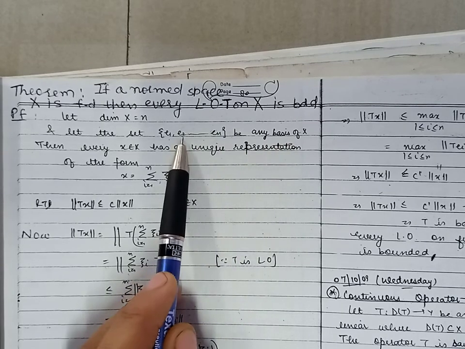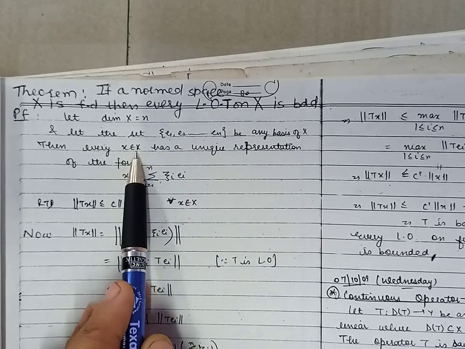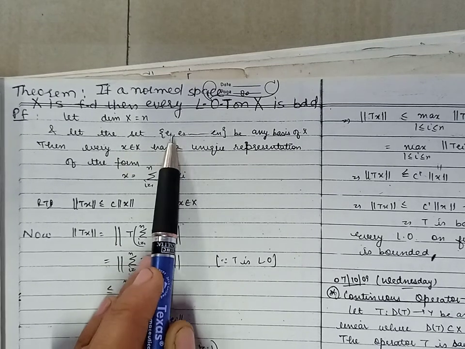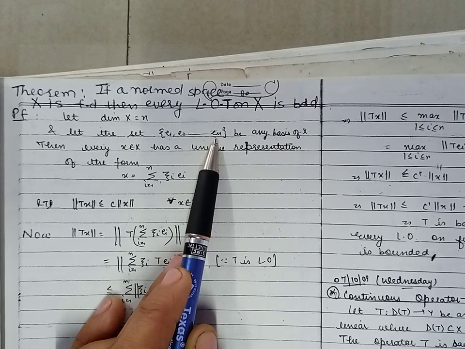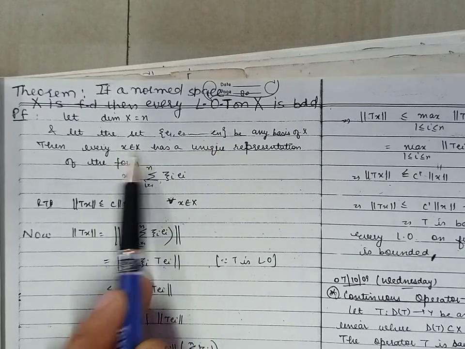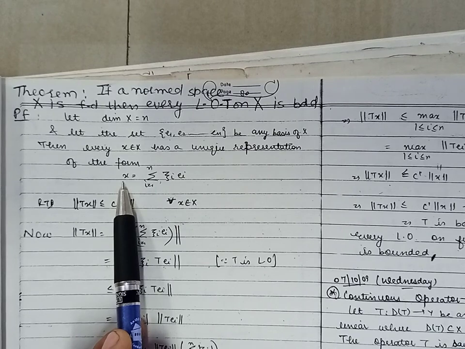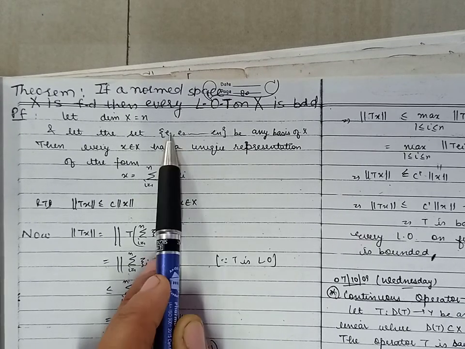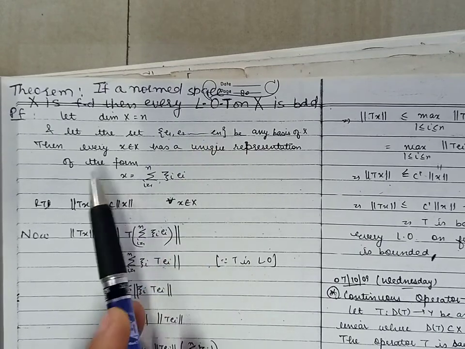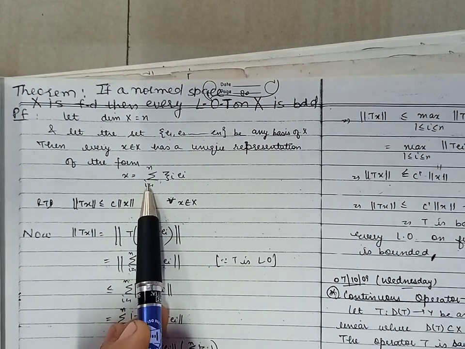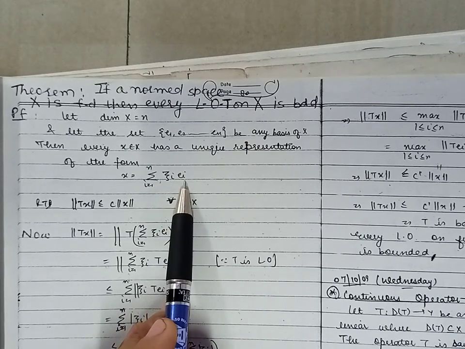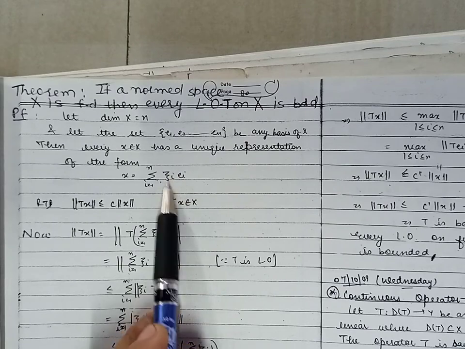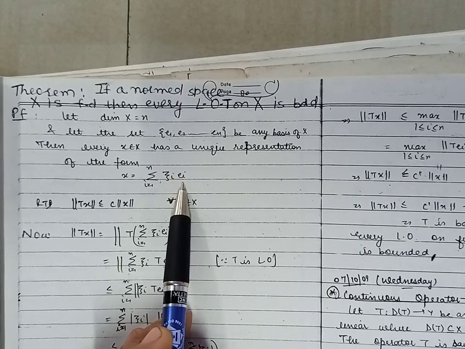Now by the definition of a basis, every element of X can be written uniquely as a linear combination of these vectors. So for x belonging to X, we have a unique representation x equals the summation of xi_i e_i, where i varies from 1 to n, and these xi_i are scalars.